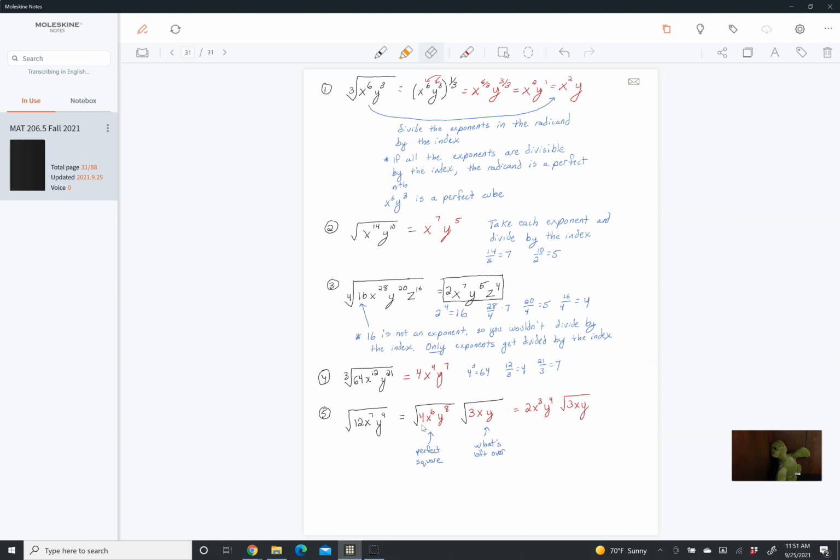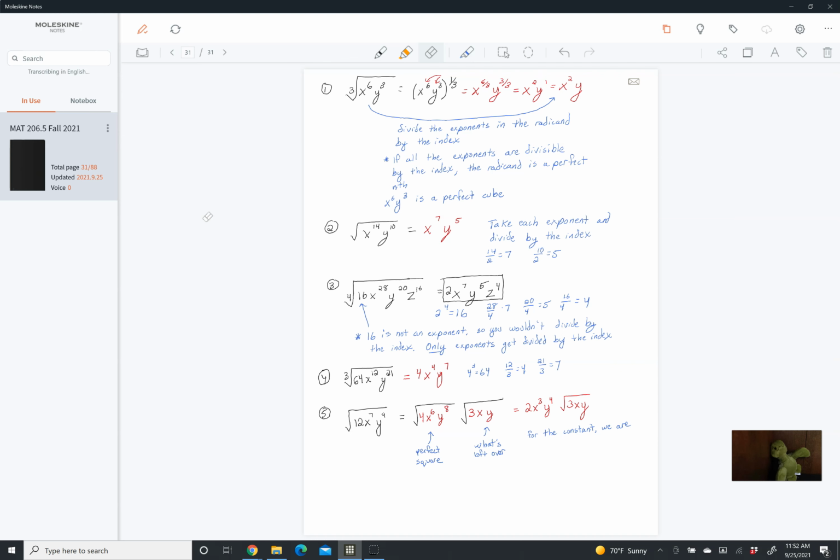Okay, let's write some of this down. Let's do this in 2 steps. For the constant, meaning the 12, for example. In the previous problem, in problem 4, it was 64. In problem 3, it was 16.